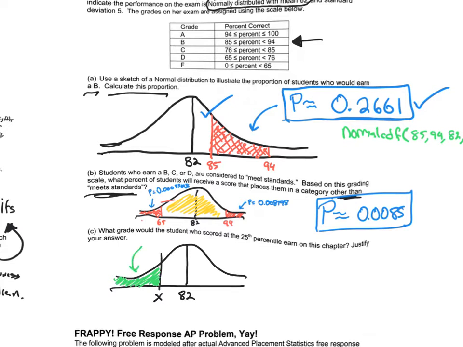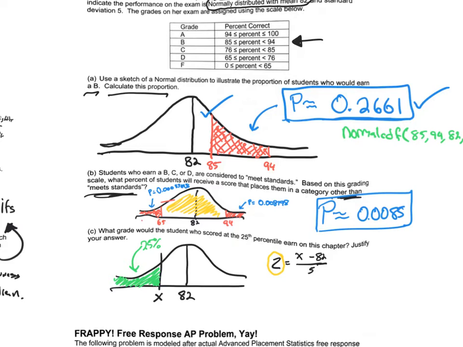Because remember, percentile itself means shading below, or how much data came before it. So essentially, we could create a z-score, right? We could go z equals x minus 82 divided by 5. And then we could look up the z-score that is as close to 25% as we can on the table and replace this z value with that number.